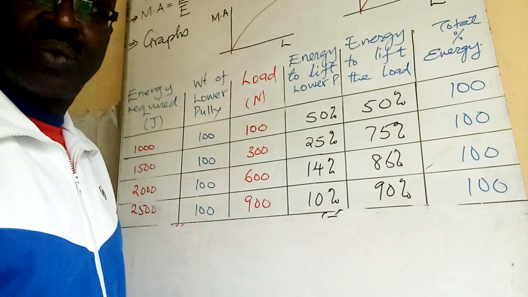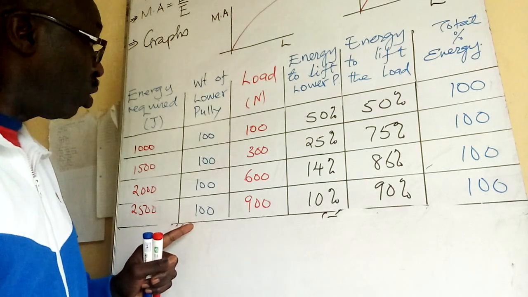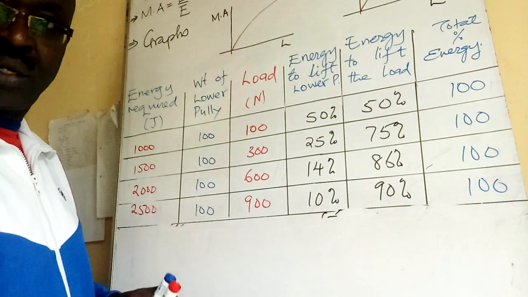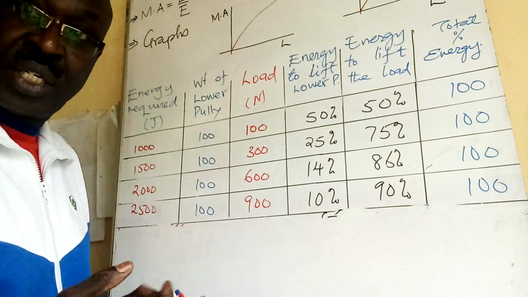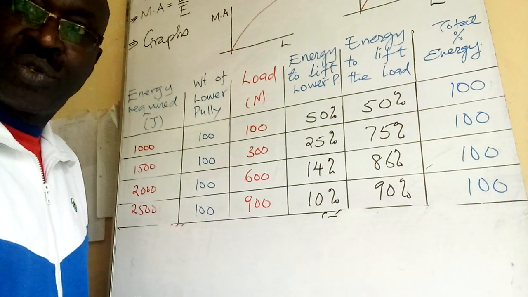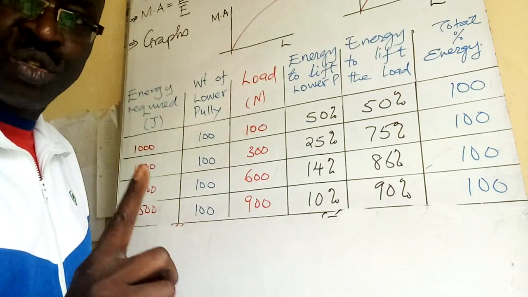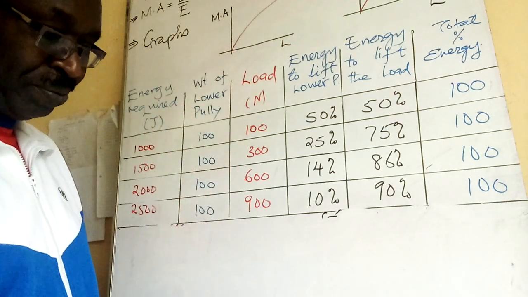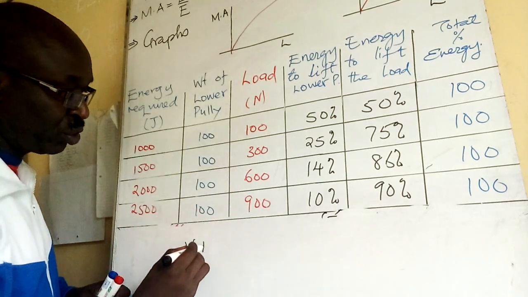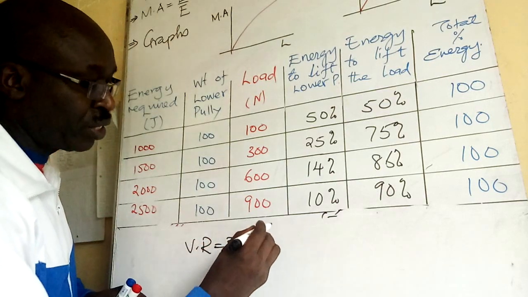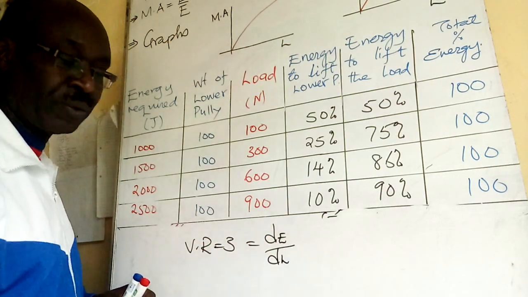What I want you to know, the lower pulley here, this lower pulley is 100 because it has to move. It is there. Whether you use velocity ratio 5, 8, and so on, it is there. So one thing I want you to know, maybe two things. Let us assume velocity ratio is 3, which is distance moved by effort over distance moved by load.